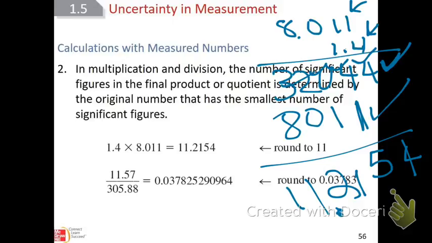This one's going to have to go with, this only has 2 digits total. This one has 4 digits total. And so you have to go with whichever has the fewest number of digits total. So this can only have 2 digits in our answer. So we're going to round that to 11. That's how that works, because that gets spread out.